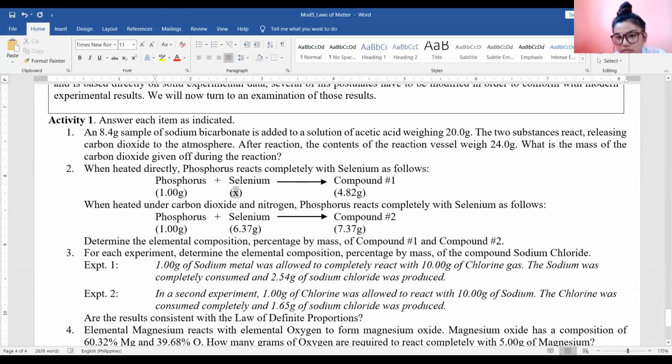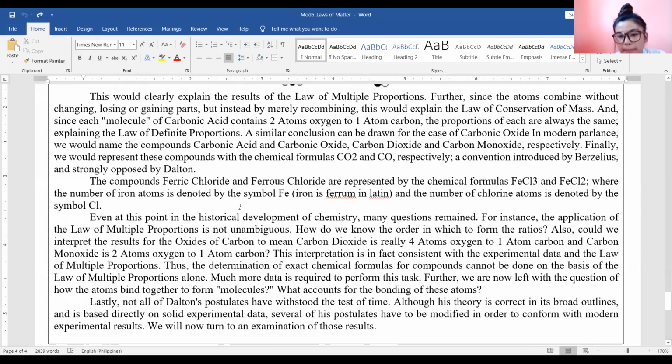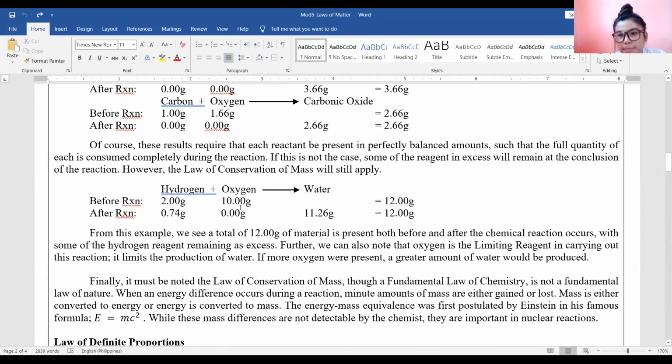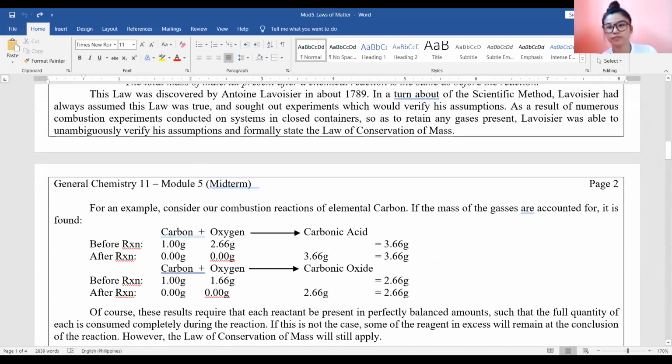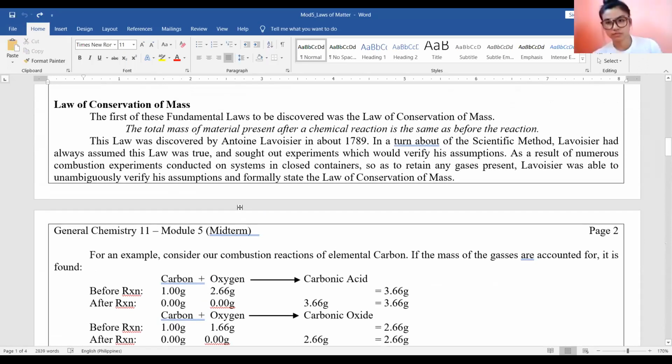So this will be 3.82. So that is the simplest, not so elaborated understanding of the first law as mentioned by Antoine Lavoisier. The first law states that the total mass of the material present after and before the reaction are just the same.